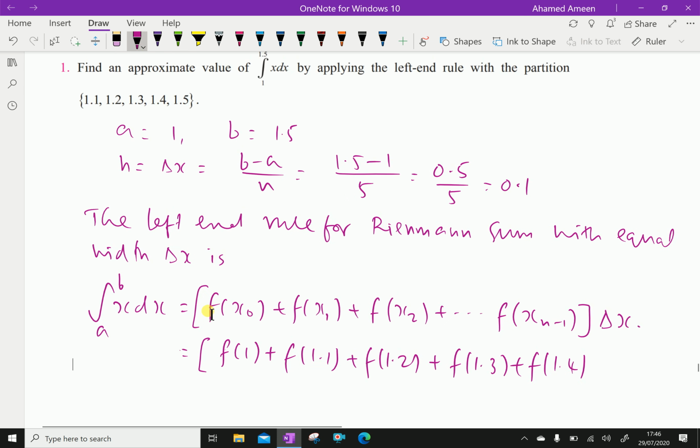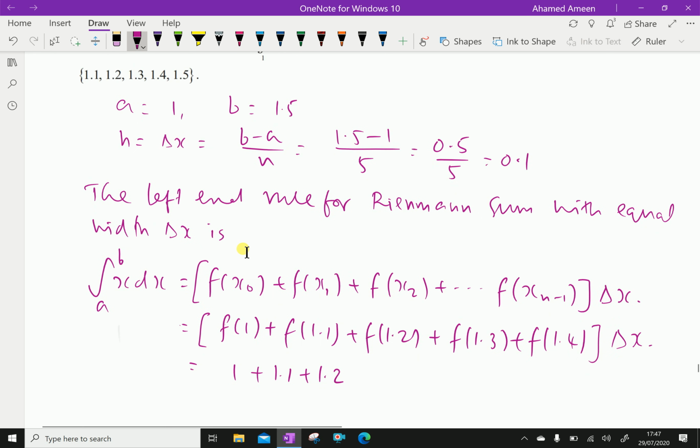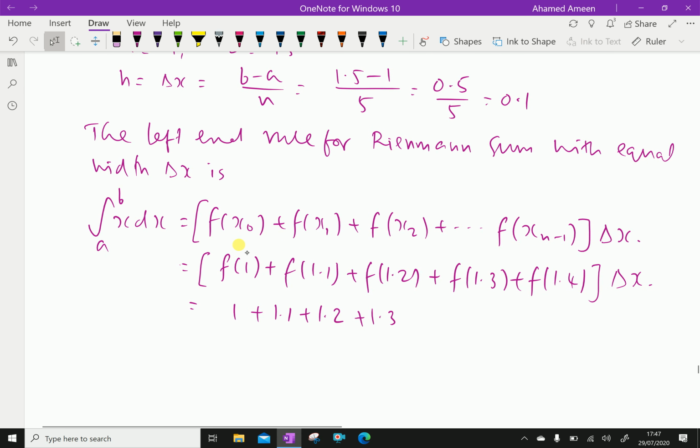Now we will use f of 1. Since f of x is x only, the sum is 1 plus 1.1 plus 1.2 plus 1.3 plus 1.4, all multiplied by delta x, which is 0.1.